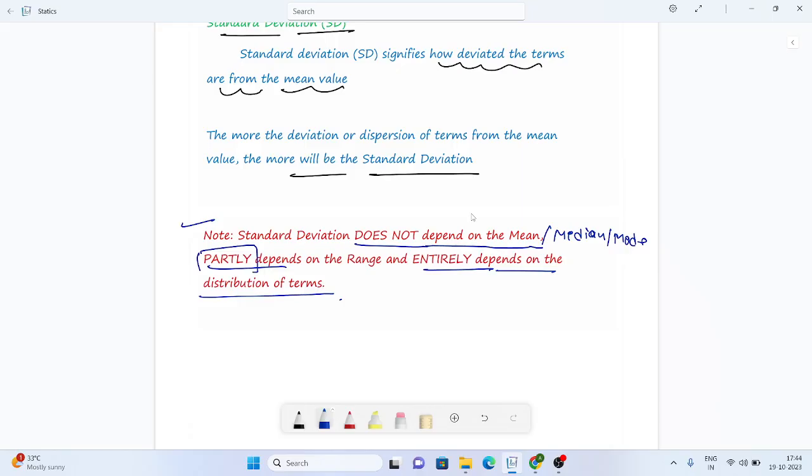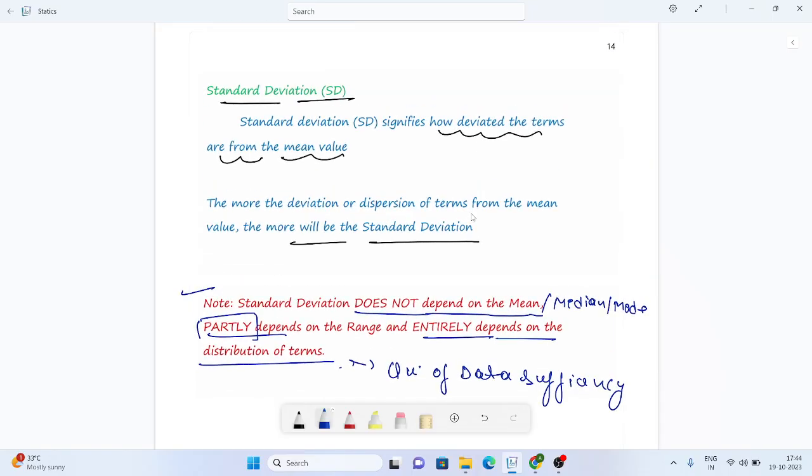This note will be very helpful in the data sufficiency questions you encounter. So here all the information about standard deviation and range is encapsulated, excluding the numerical value of standard deviation, which we see further. Note this down, then we do some examples which will clarify your doubts on standard deviation. Okay, noted down, done.